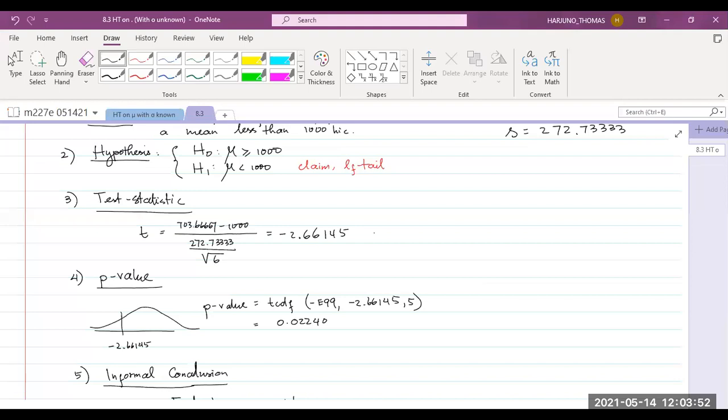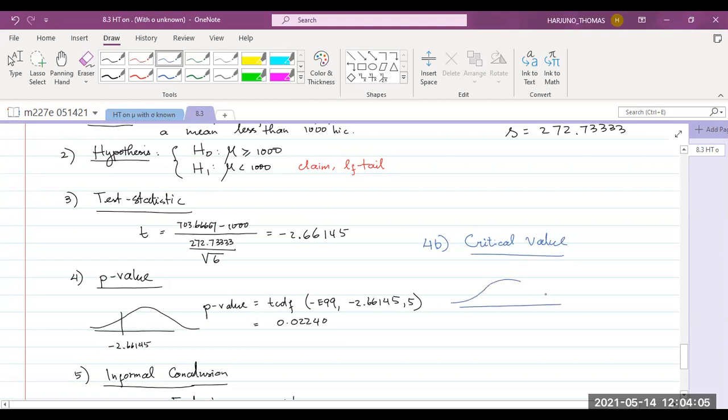Okay, and then how about the critical value? That's degree of freedom 5, left tail 1%. So this is inverse T 0.01, degree of freedom 5.